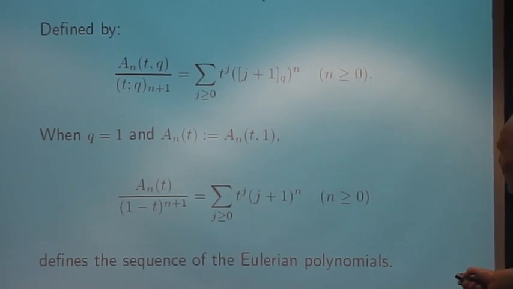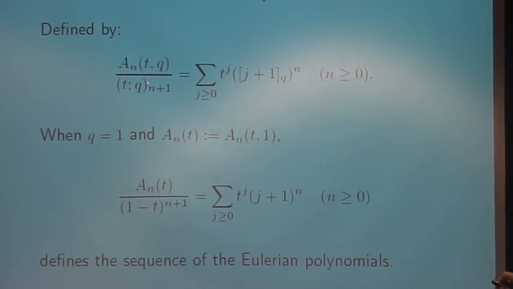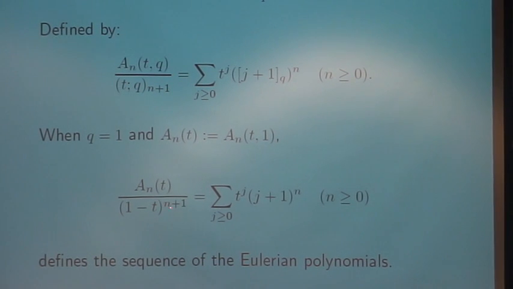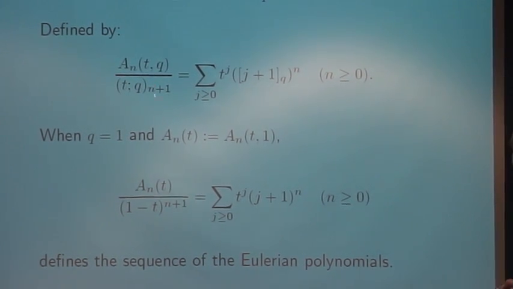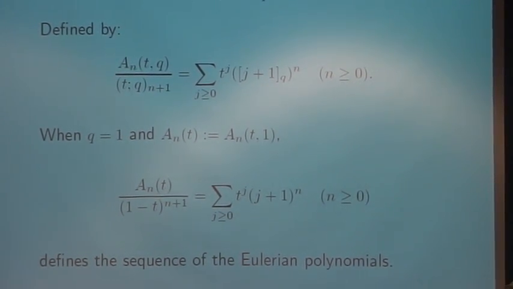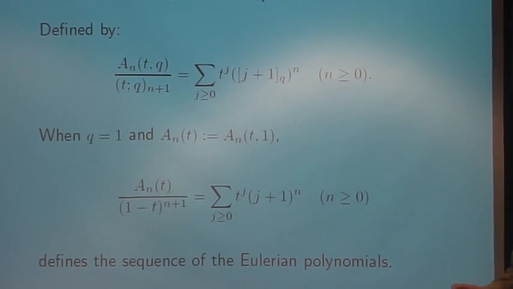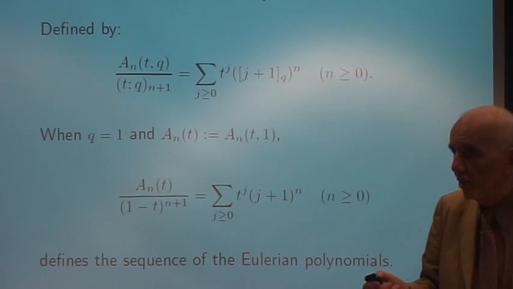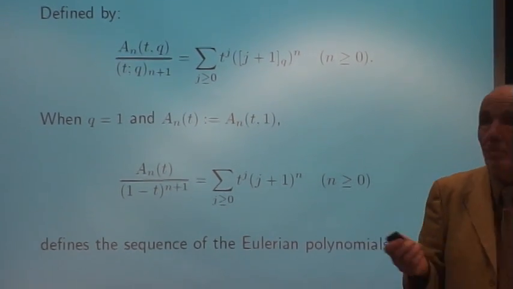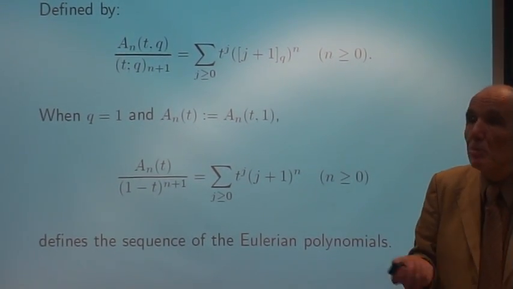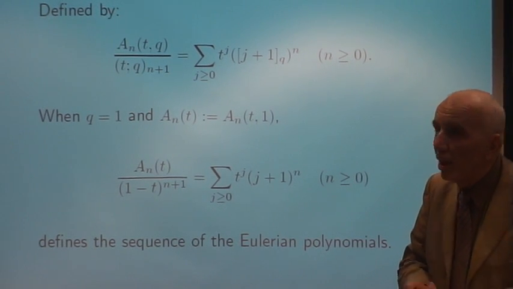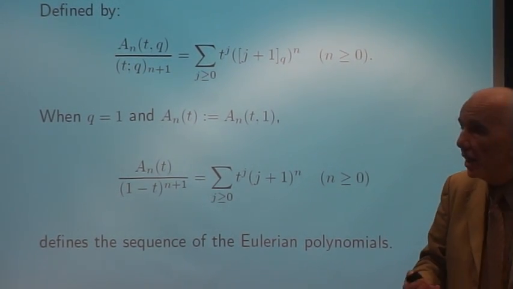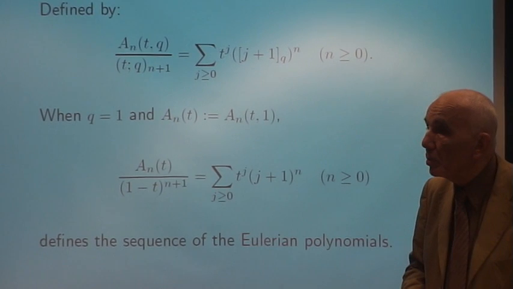So the miracle is, when you replace everything by the q-analog, you have a sequence of polynomials in two variables. And that sequence of polynomials has positive coefficients, which is not obvious from this definition. This has to be proved, either analytically or using a combinatorial technique.